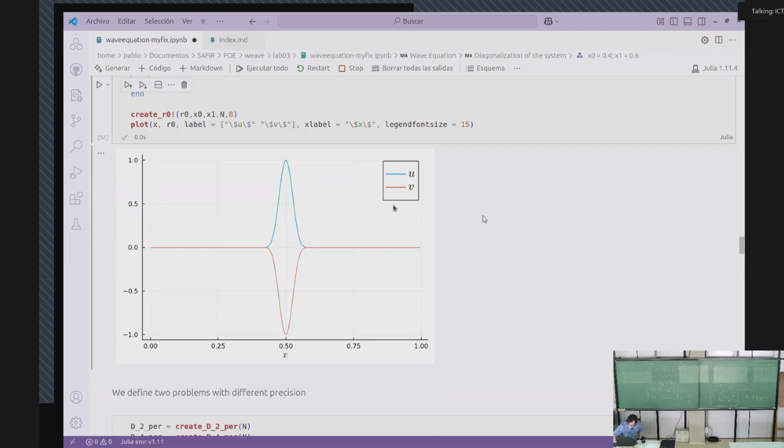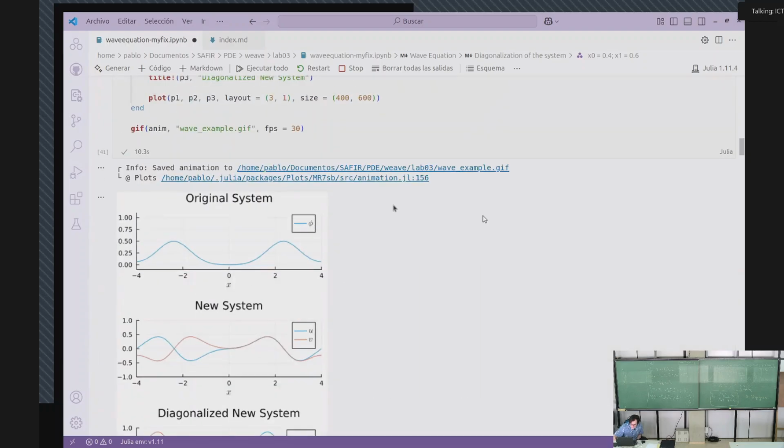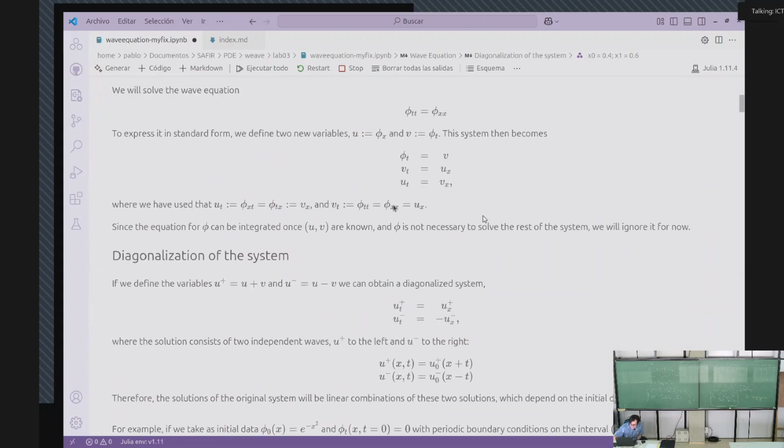Why do we do this? Because we are actually trying to see this solution here. Recall that we have two waves, one which is u plus and one that is u minus. Here you see that u plus will be 0 and u minus will be 2 times u.